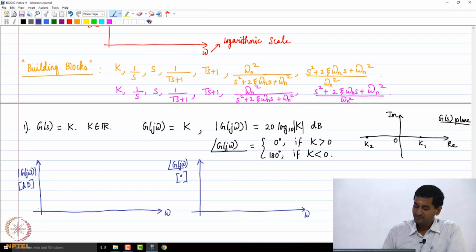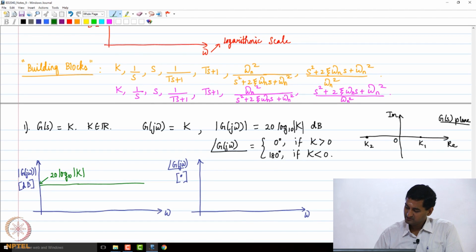So what's going to happen to the magnitude plot? I'll just have a straight line with respect to omega. That's it, right? Where this value is going to be 20 log to the base 10 of k, correct?